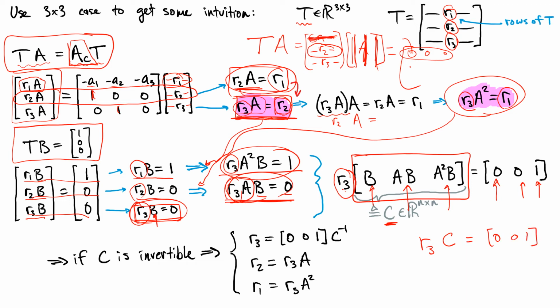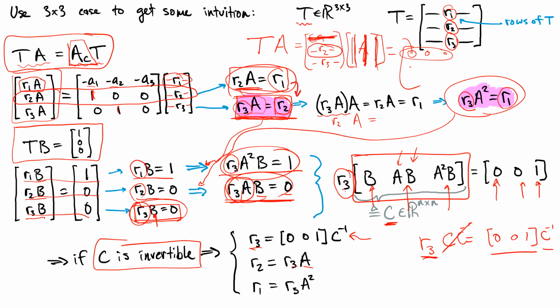So if I can do C inverse on both sides to get rid of this, I can figure out what R3 is. R3 is simply just this vector multiplied by the inverse of C. But for that to be true, C needs to be invertible. And that is going to be a property of A and B and AB together. And so if, in fact, we can do this inverse, then that allows us to compute R3.